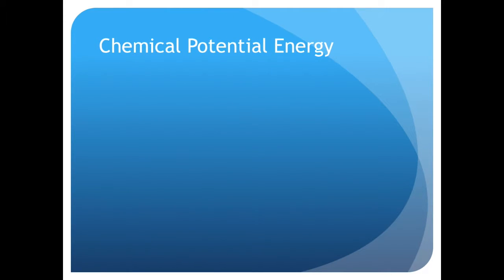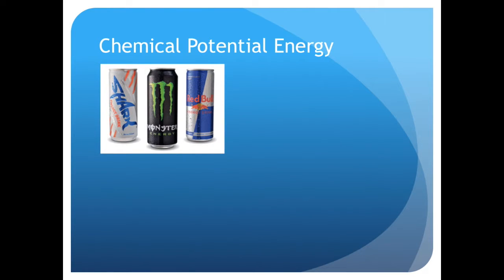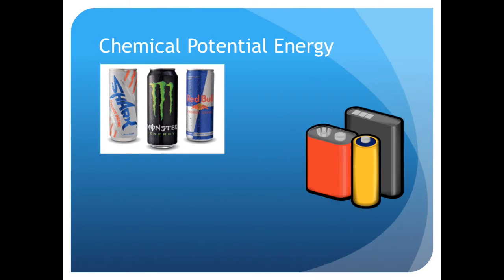So chemical potential energy. If you think of sports energy drinks, they've got chemical potential energy. When we drink those, the chemicals go into our stomach, and we've done body systems, and we know the process there, and it takes some of the energy out.